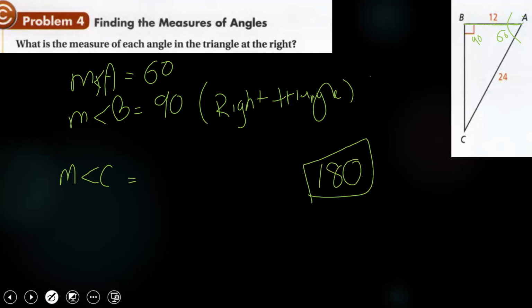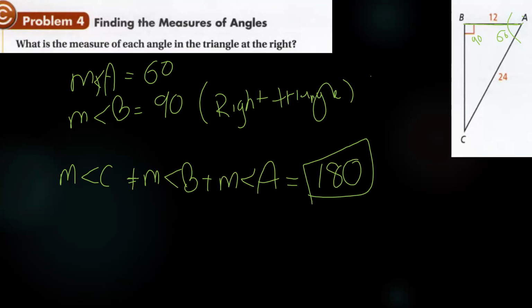So I will say that the measure of angle C plus the measure of angle B plus the measure of angle A equals 180. Is it right? Yes, teacher. Then the measure of angle B is 90.